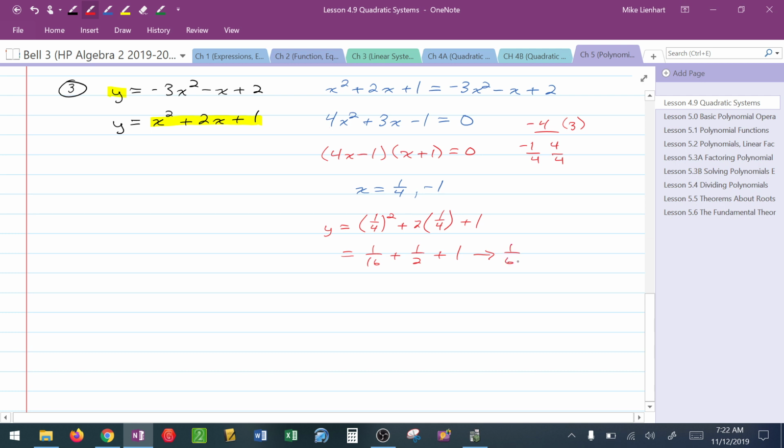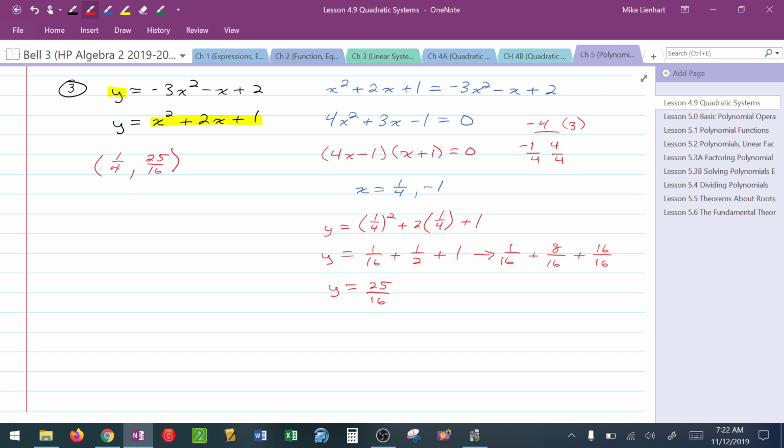So this would be 1/16 plus 1/2 is really 8/16, and 1 is really 16/16. All right, so that tells me that y is equal to, let's see, 1 plus 8 is 9 plus 16. That would be 25 over 16. All right, I now know that I have the point 1/4 and 25/16. That's one of the points of intersection.